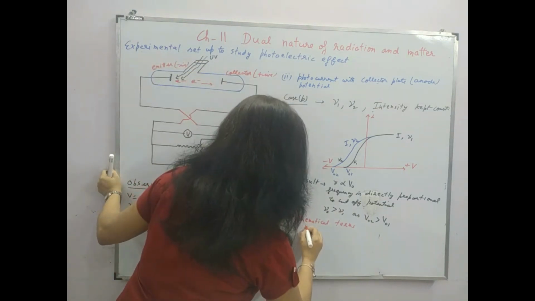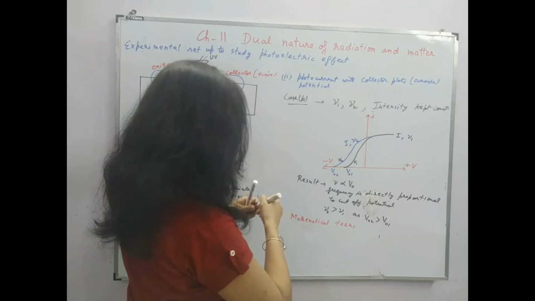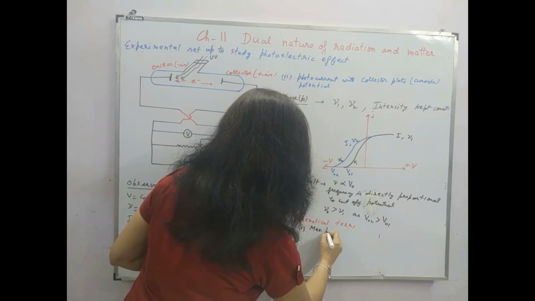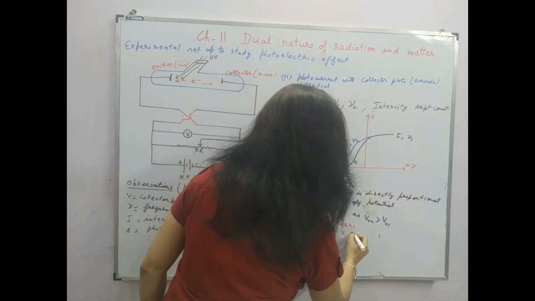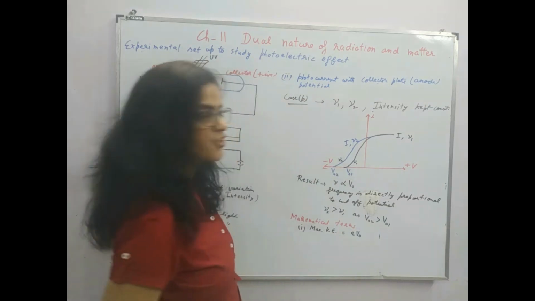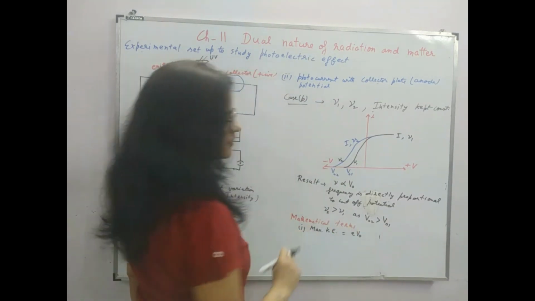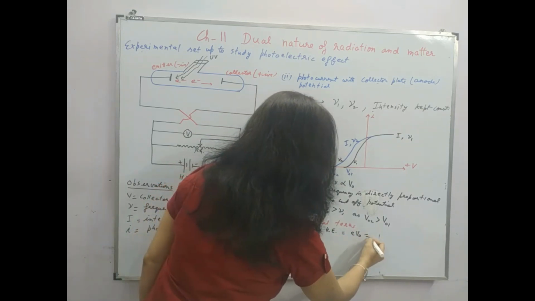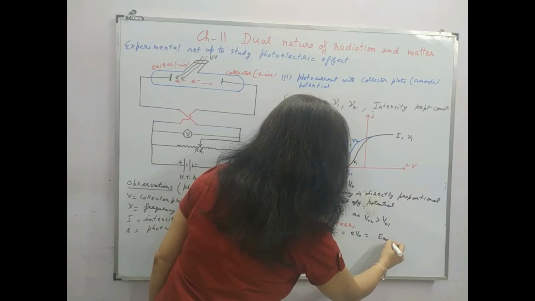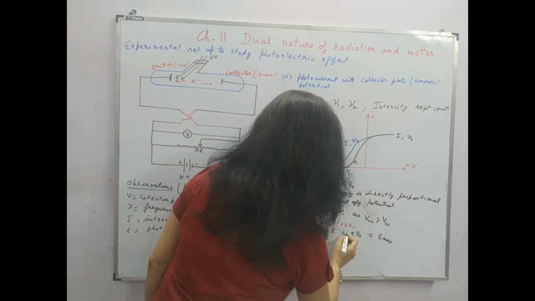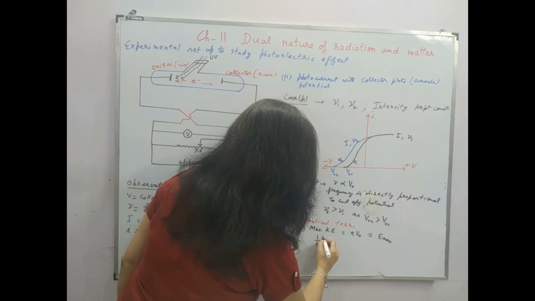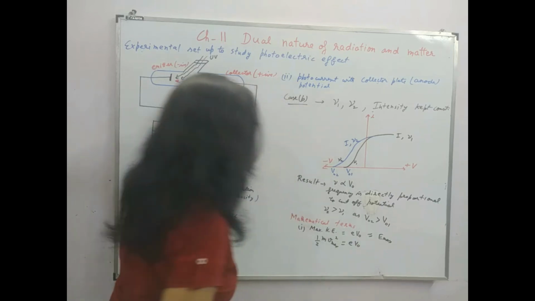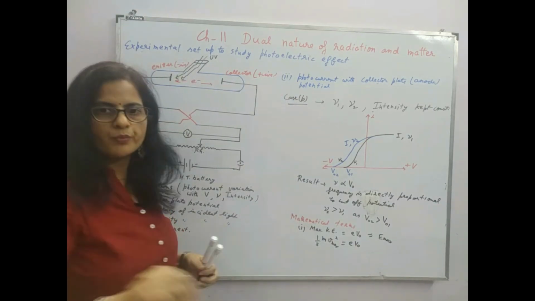So you can say the maximum kinetic energy is equal to the energy gained when it is accelerated by stopping potential. So you can say this can also be written as E max, right? So half m v max square is equal to eV naught. So this is one relation which will be used in the numericals.